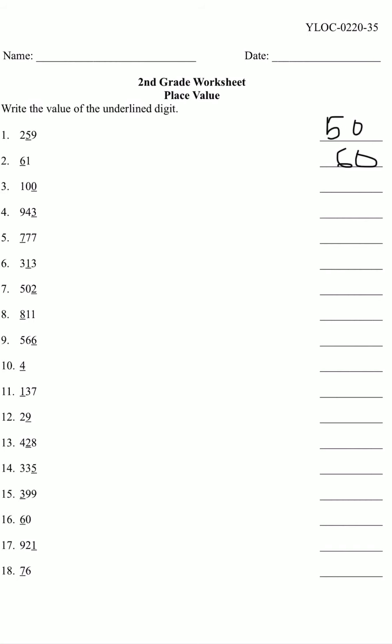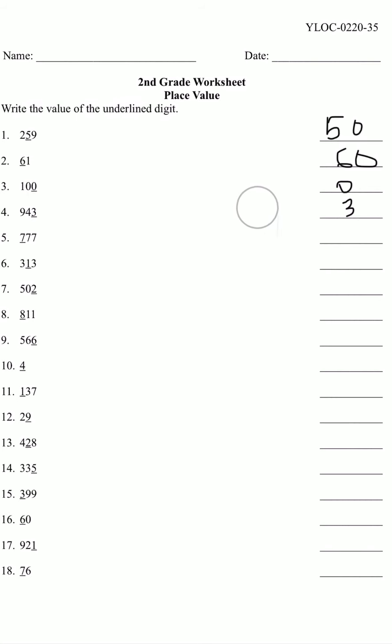If the first digit is a 0, that's just going to be a 0. And number 4, 943 in an expanded form is 900 plus 40 plus 3. And the first digit is underlined, so our answer is 3.